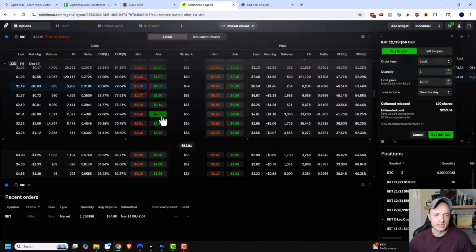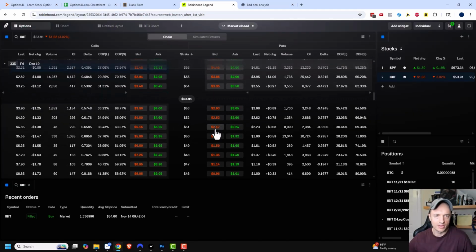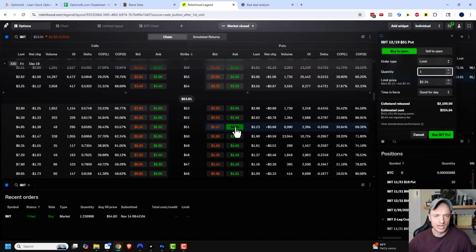Now let's go ahead and get this off of here, and we'll go to the put side. We're going to go slightly out of the money, and I want to go ahead and buy the 51 put option right there. And we'll go $3 more down in strike price, and we want to open up our short position. So we're going to be selling the 48 put option.